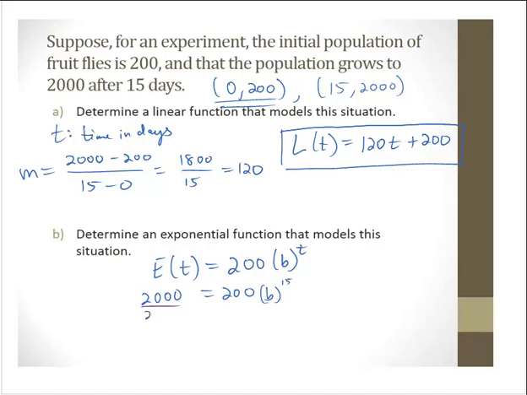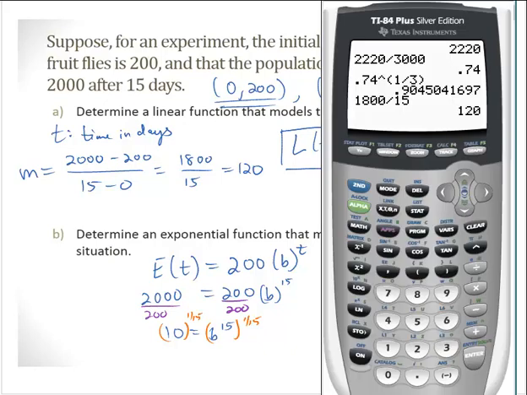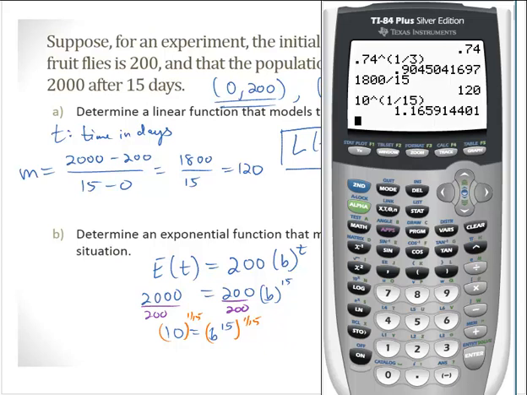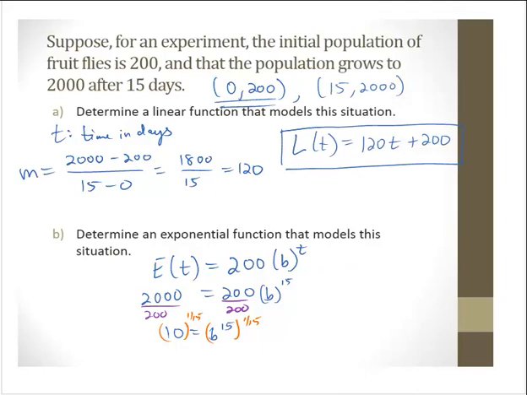Divide through by 200, and that gives me 10 is equal to b to the 15th. I'll raise both sides to the 1/15th power, and we have b is 1.1659.